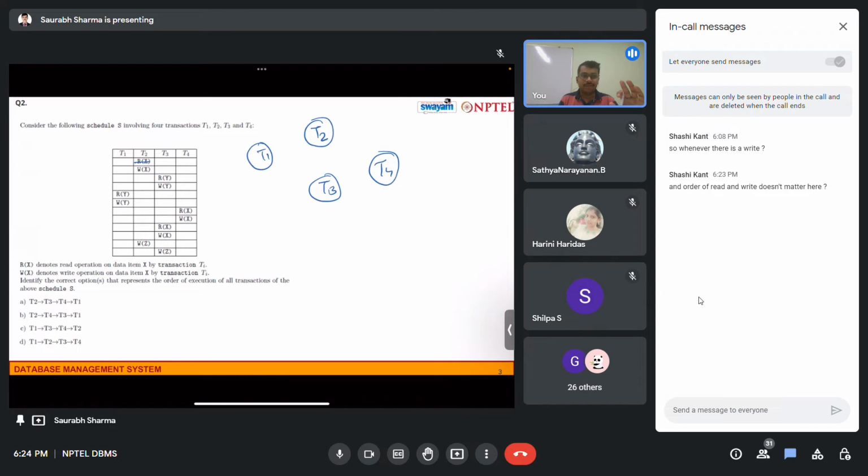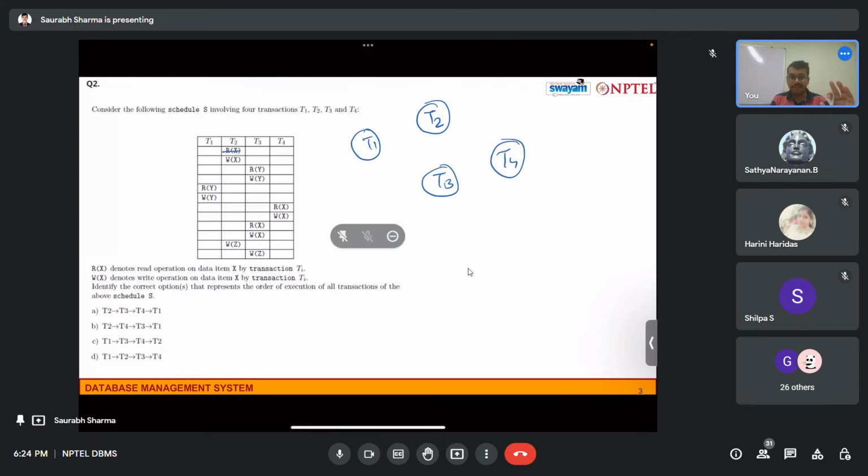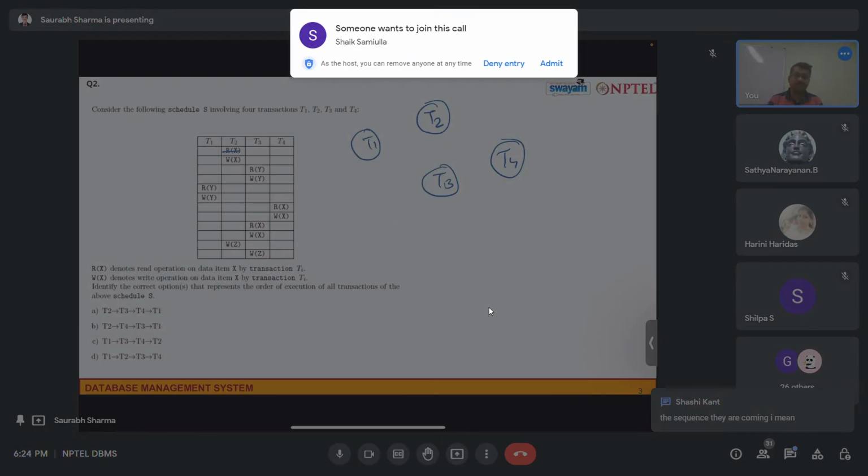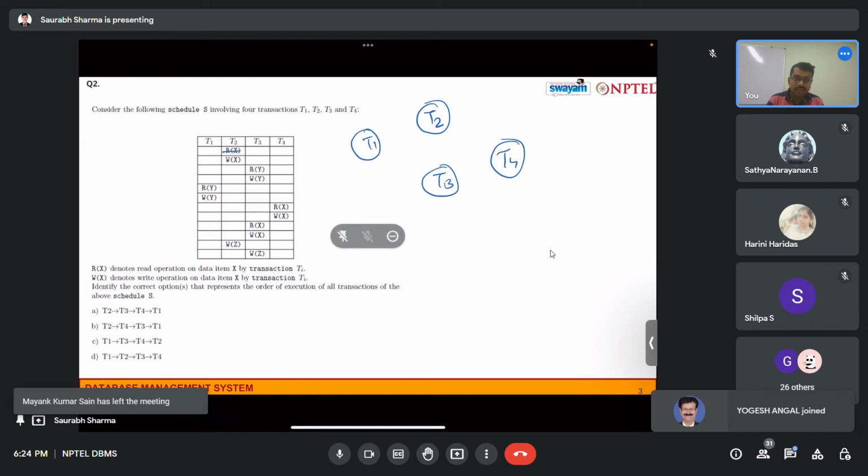No, I am just considering the timestamps. What comes first should be served first. If there is a read first, I will consider the read. We have to see the sequence, and the sequence in which they come, we will consider the transactions accordingly.